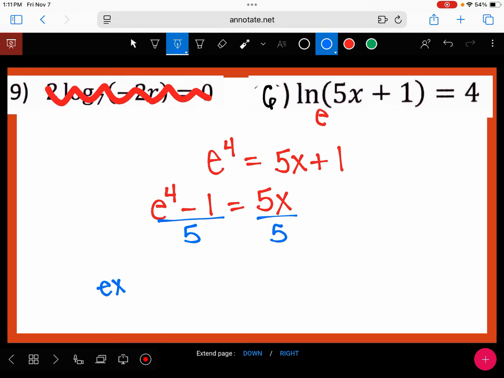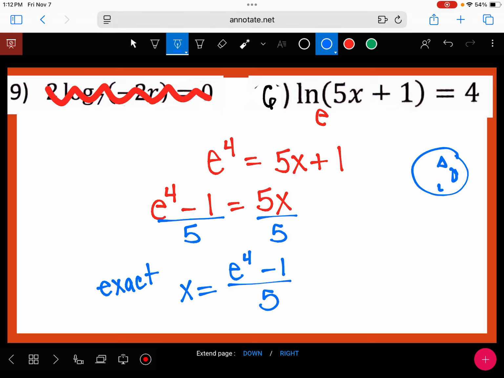Now this is a little tricky when you type this in the calculator. So you're going to have e to the power of 4 minus 1 divided by 5. Now it's really important that you know, on the calculator, you have this little button with the little arrows, this little circle thing. You have to use that to get out of the exponent. Because if you don't, you're changing this to e to the 3rd.